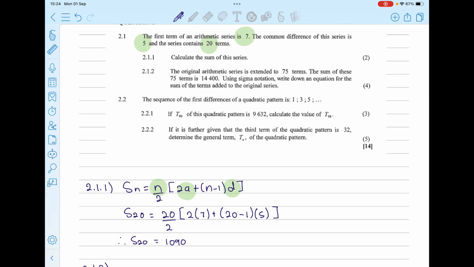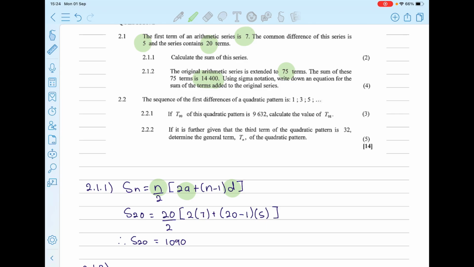Here we've been told the original arithmetic series is extended to 75 terms. The sum of these 75 is 14,400. Then they said using sigma notation, write down an equation for the sum of the terms added to the original term. So here the focus is on the terms added.